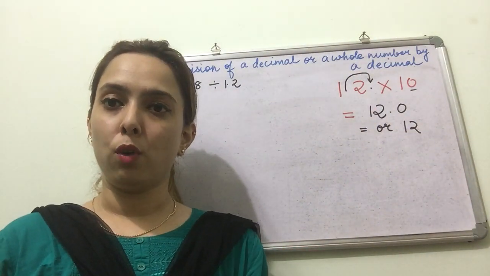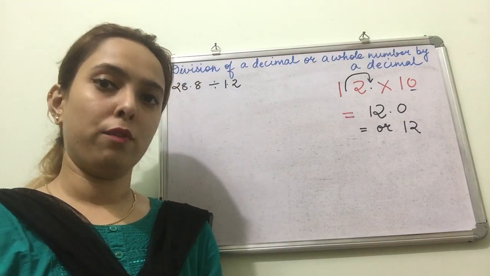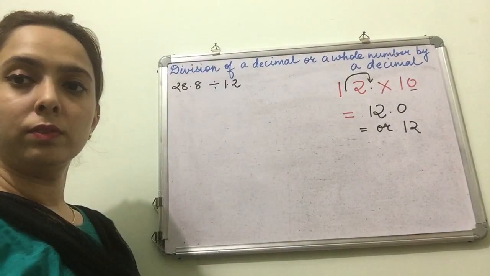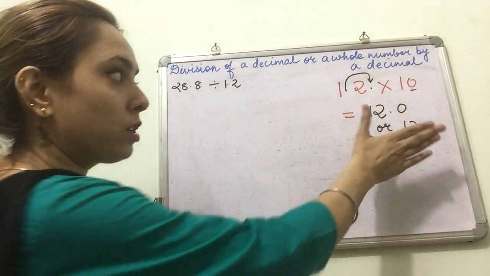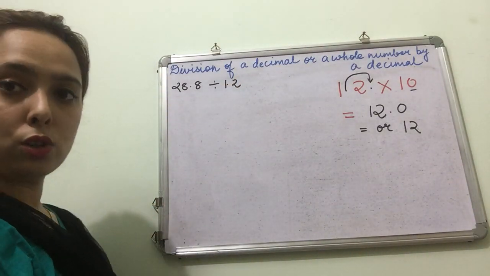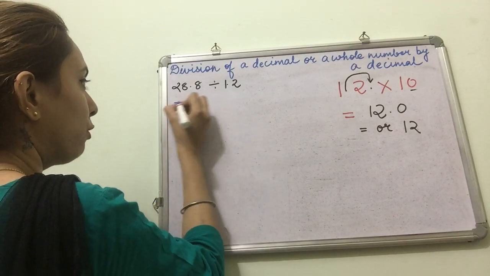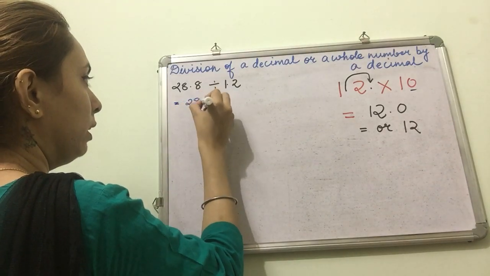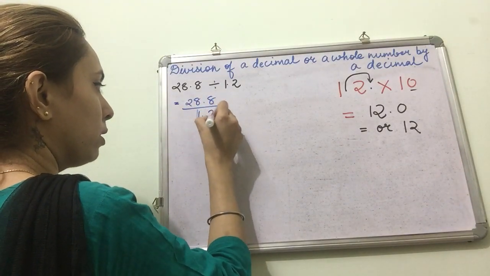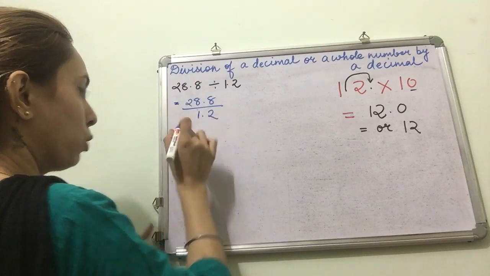Now you can perform the division, but there are some steps which you have to follow. This was rough work. I'm going to start the solution of this question. First step, you have to write this as a fraction, 28.8 upon 1.2.